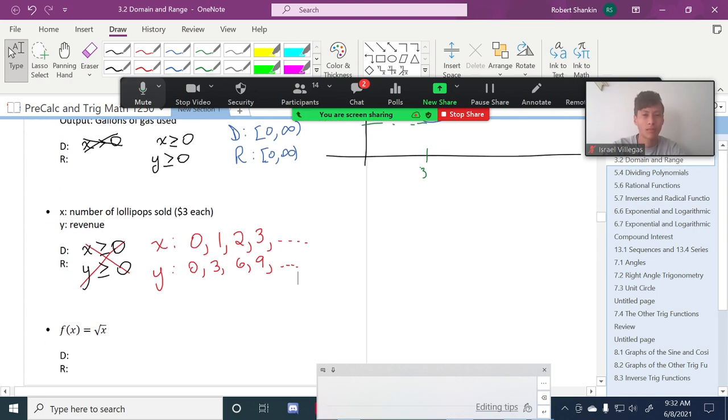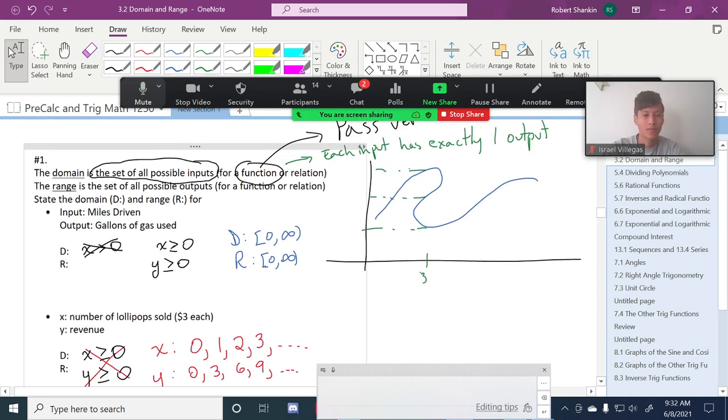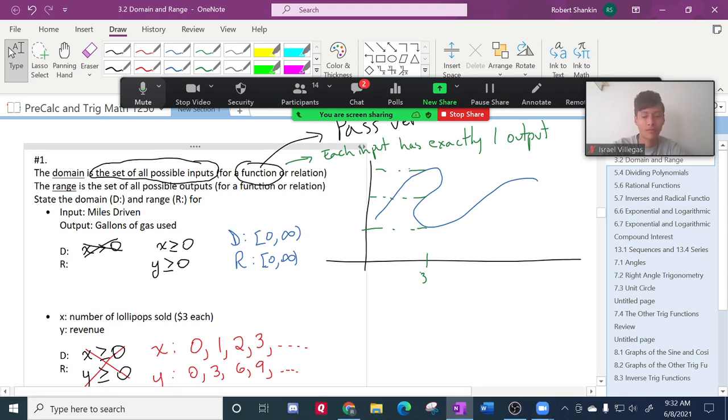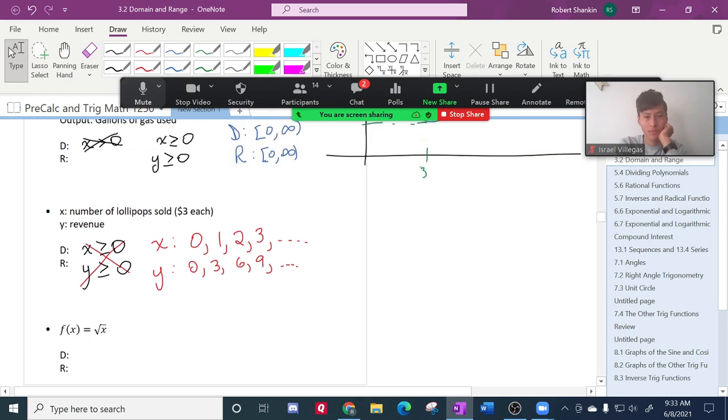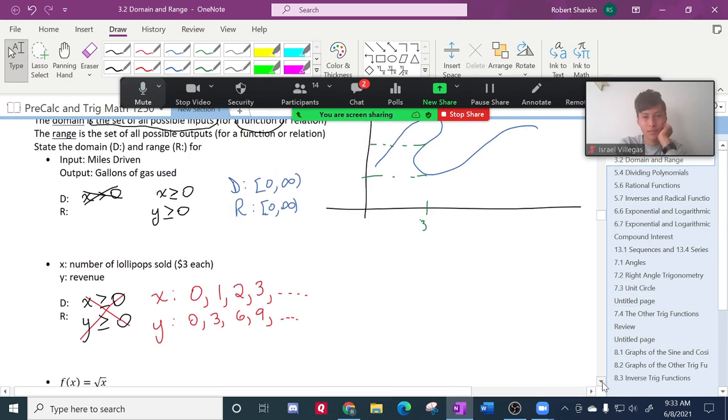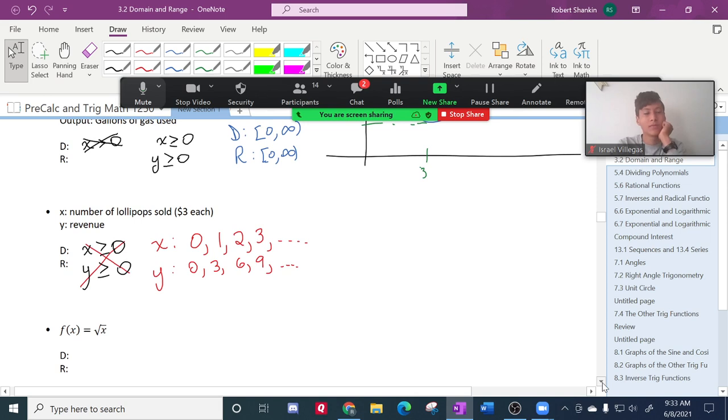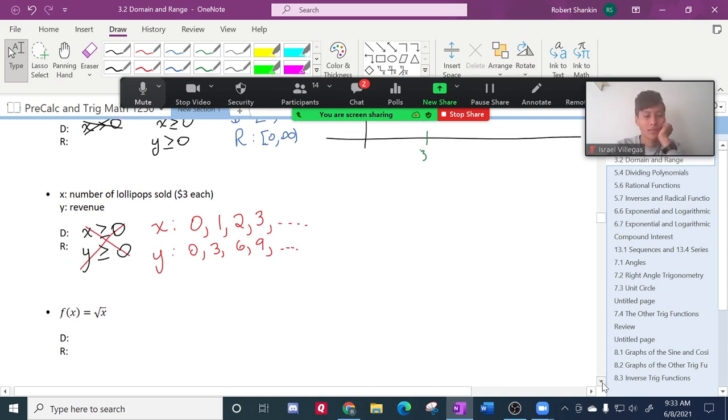All right. So now these two problems are domain and range problems within context. Most textbooks, this one included, rarely give math problems in full context. They abstract the idea, and it looks more like this one. So f of x is the square root of x, and we're asked to find the domain and the range.